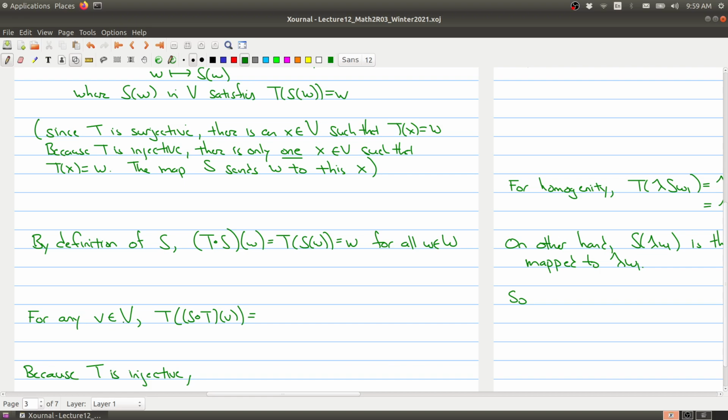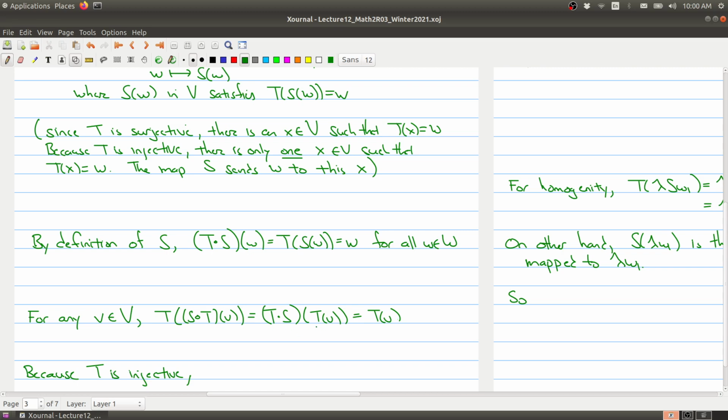So for any v in V, we can now look at T evaluated at S composed with T of v. Using the associative property, this is the same thing as T composed with S evaluated at T(v), and this is equal to T(v).